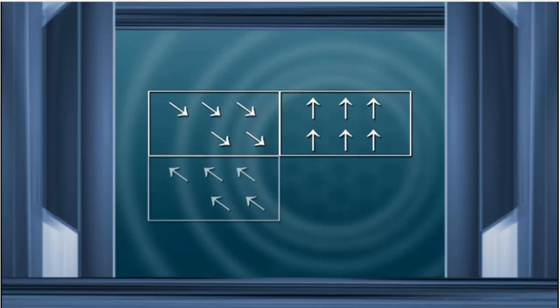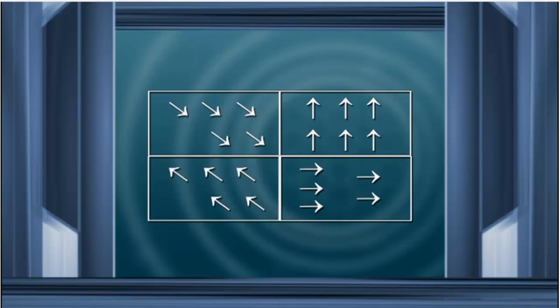As per domain theory, the alignment for different domains may be different in a sample, and these may become aligned in a particular direction when placed in an external magnetic field. The response of the material to change the orientation of the dipole moments in different domains for a particular alignment is going to be our reason for classification.